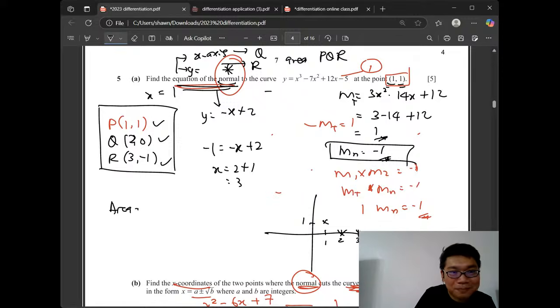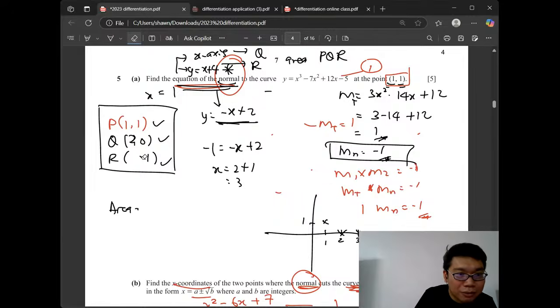Let's say this equation is x plus 4, sorry, my bad. So the point R here we change a bit.